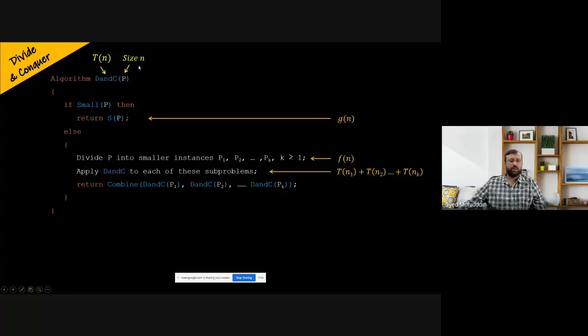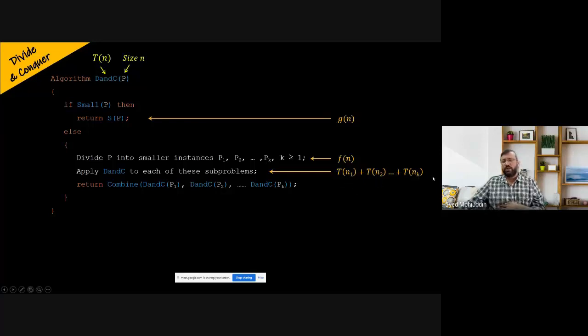Since divide and conquer takes T(n) as the time, and this is a recursive function, the first subproblem P1 will take T(n1). Then again a recursive call is made to P2, so it will take T(n2), assuming P2 has size n2, and so on till Pk, that is T(nk).